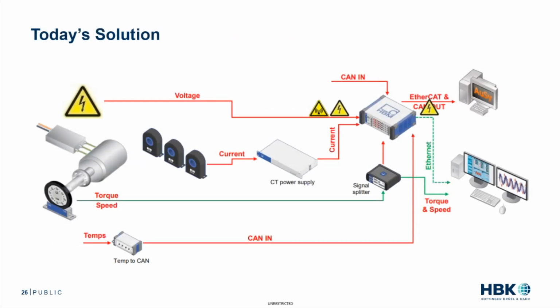So today's solution that you see commonly in an electric drivetrain measurement setup may look something like this. So basically you have issues with high voltage, you have issues with EMC and EMI, and it's going to become even a greater problem with higher frequencies and higher voltages as we move forward.